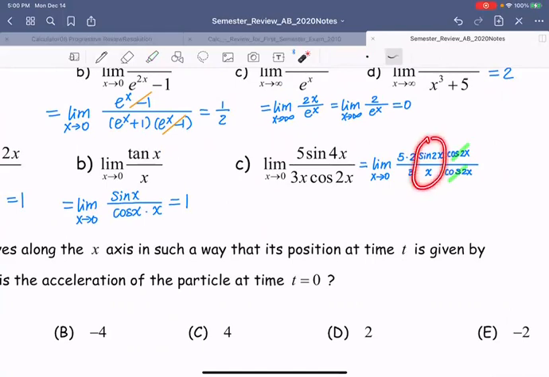And how do you want to do it over here? So I'm going to do this guy. 5 times 2 is 10 over 3. But I'm going to make this guy to be 2x. And then do this as 2 times sine 2x. Okay? That makes sense?